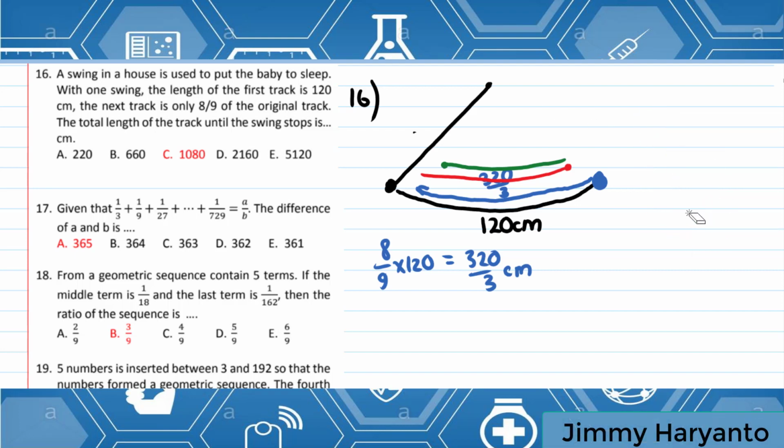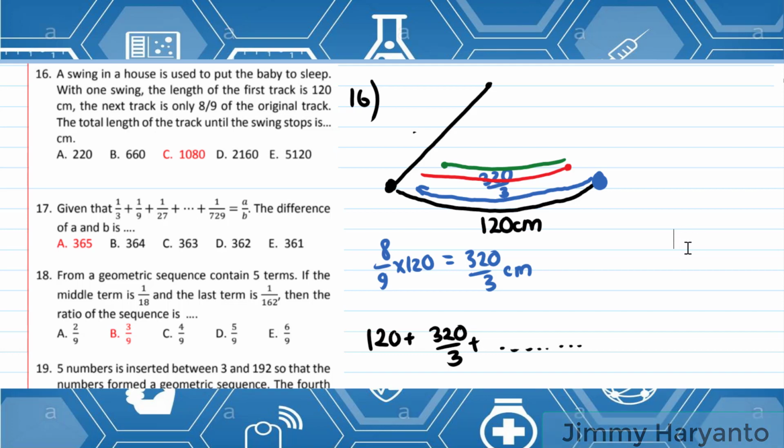But for this swing, it only covers one track for each length. So the first will be 120 centimeters, the second will be 320/3. There are no more 320/3 like the balls. So it will be only one.